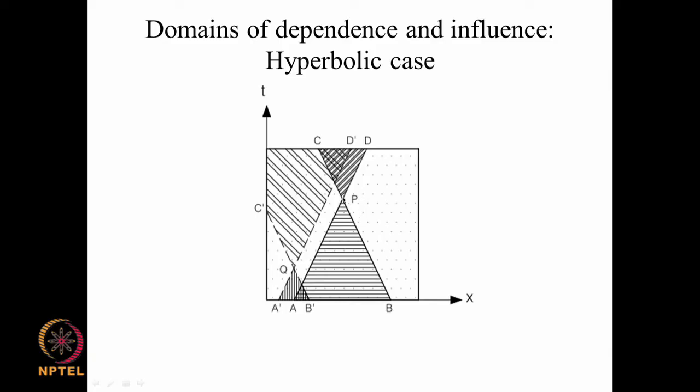So, the solution at point P here has a domain of dependence PAB and a domain of influence which is PCD here. So, when we write down our finite difference approximations and all that, when we say that this value is given by the neighboring points, then those neighboring points should lie within this domain of influence and domain of dependence. If not, then we can potentially get into problems.